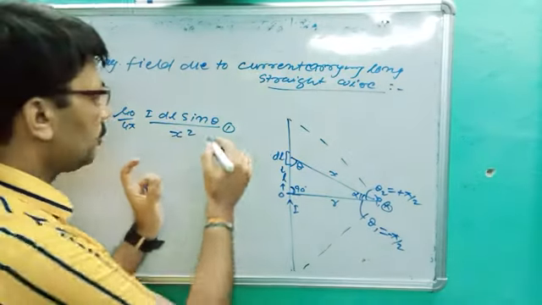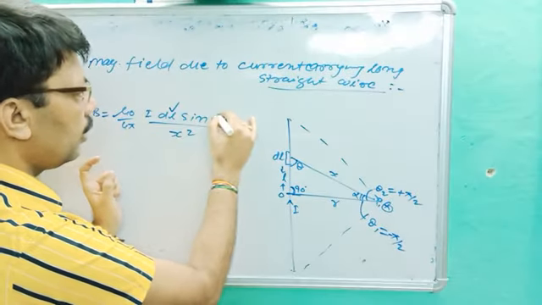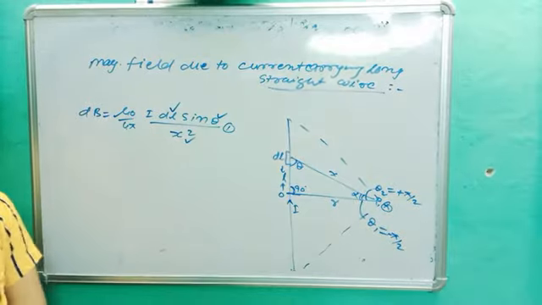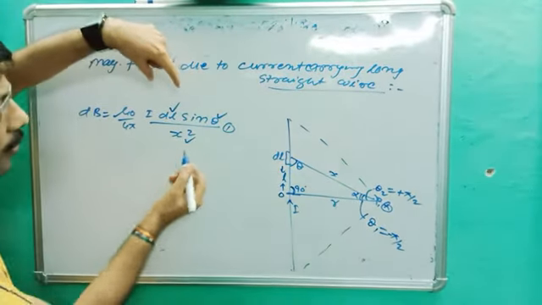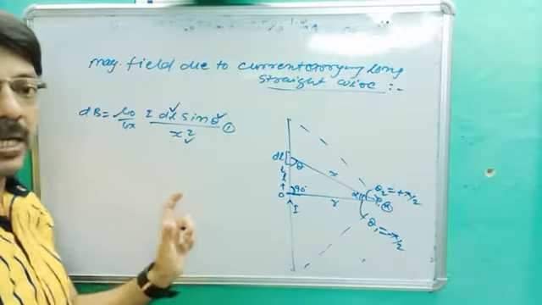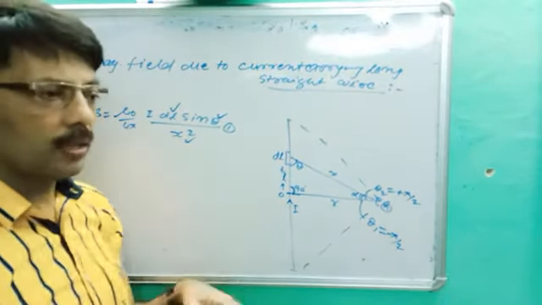Equation number 1. Now our aim is very clear: if you get the values of dl, theta and x, you will get the complete answer. So confirm the aim: theta, dl and x. Get these values separately and put them in equation 1, then you will get the exact answer.